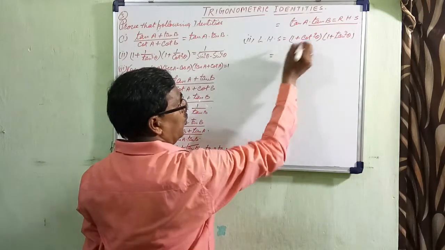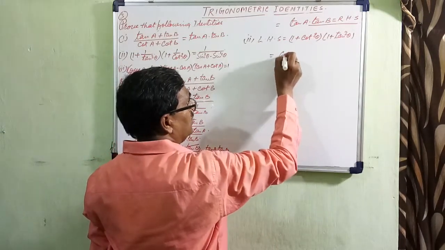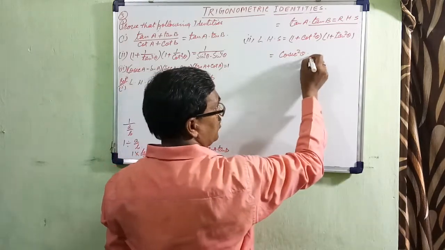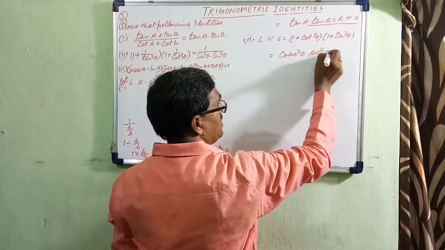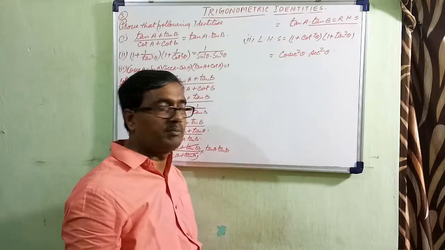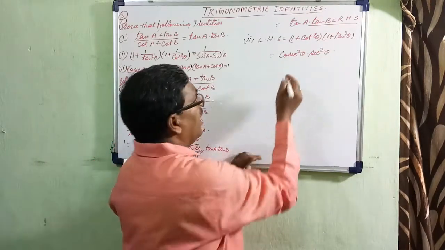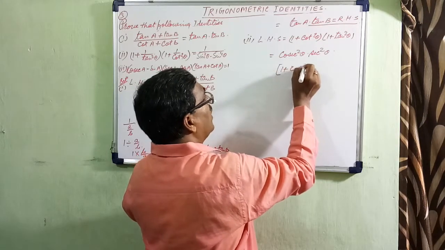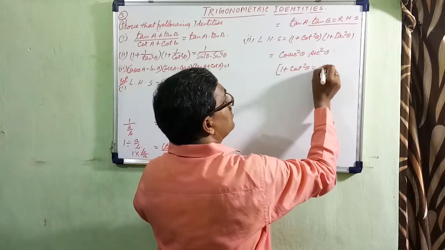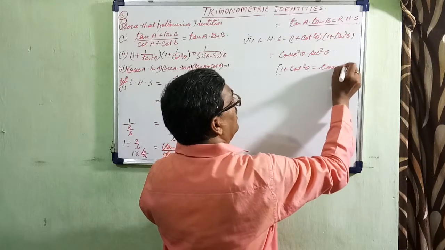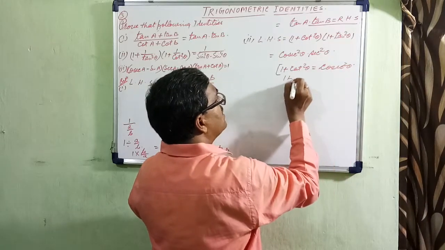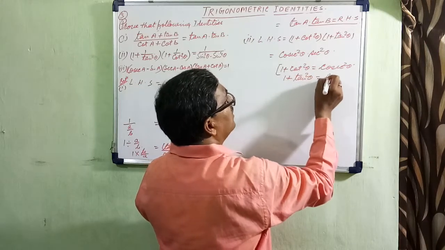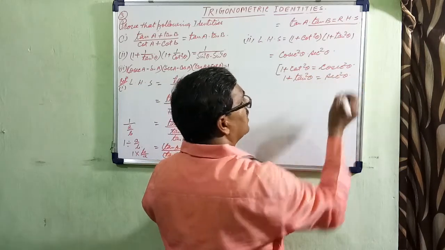And then 1 plus cot square theta is equal to cosec square theta, and 1 plus tan square theta is equal to sec square theta. This I'm not saying, but it is an identity. I will write it for your convenience. 1 plus cot square theta is equal to cosec square theta, and 1 plus tan square theta is equal to sec square theta. That's all.